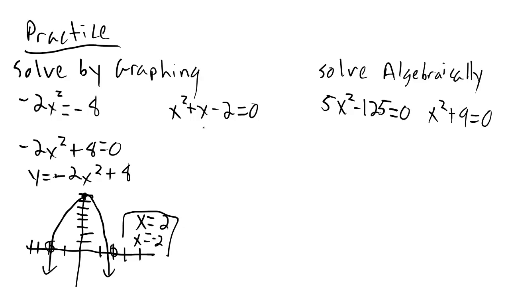Let's look at this next one. First step, make sure it's equal to 0. We're already good, so we're going to change this into a y. We get y is equal to x squared plus x minus 2. Then we graph this.